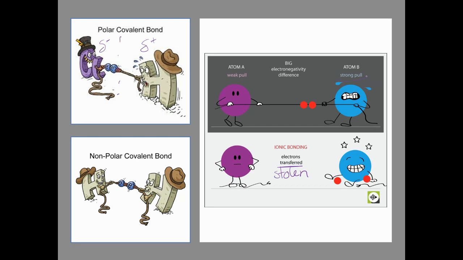So the atom with the strong pull, if it's a big enough difference between who it's fighting against for those electrons, then those electrons are going to end up being transferred to that atom with the stronger pull.